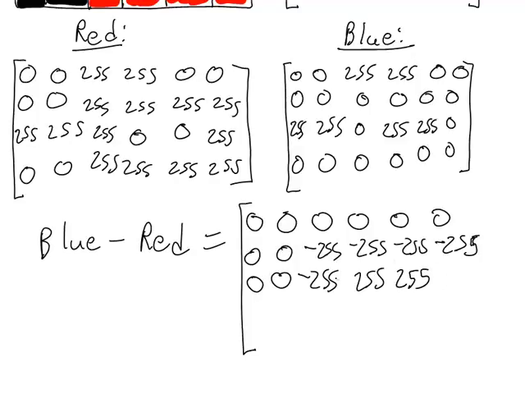So you can see that the blue pixels stayed a high value when I subtracted off the red image. 0 minus 255, negative 255. And now for the last row, I get 0, 0, and then a whole bunch of negative 255s.